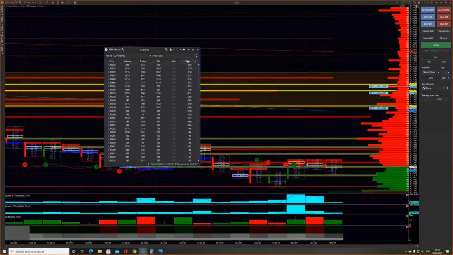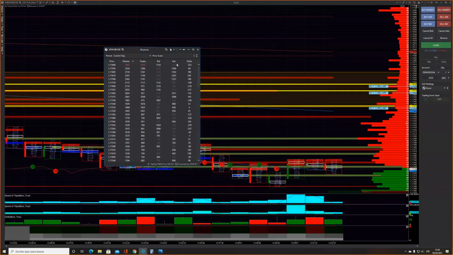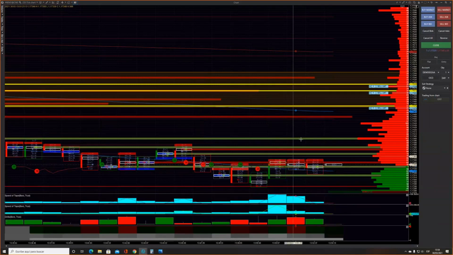But I always like to order this by volume, so I know exactly what everybody, or most of the people, is doing, and in which direction. So I can see that at this price there were a lot of sellers, more than buyers. That's very important in this case.